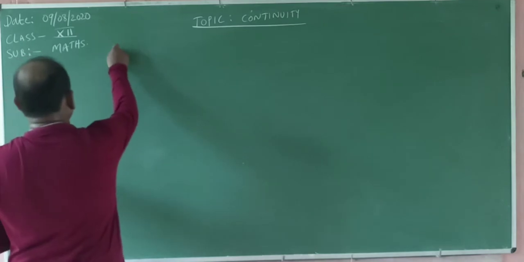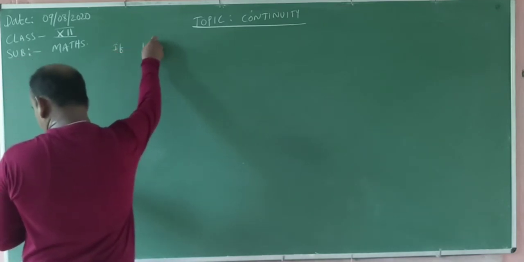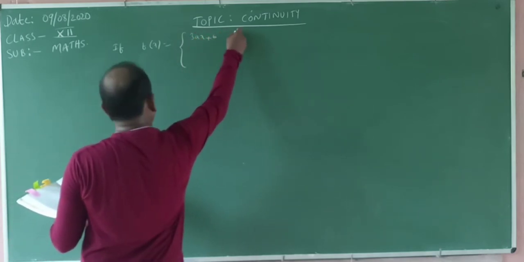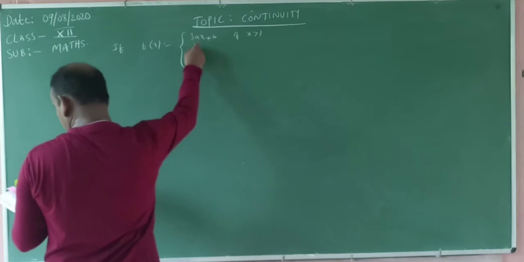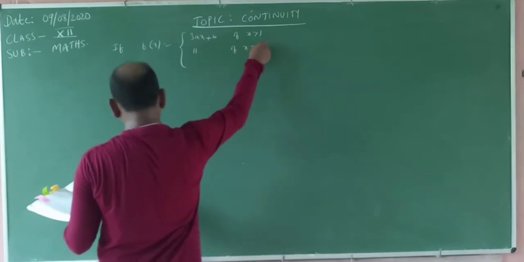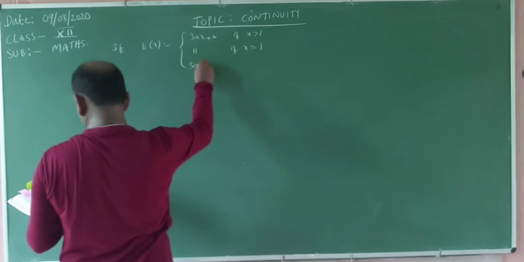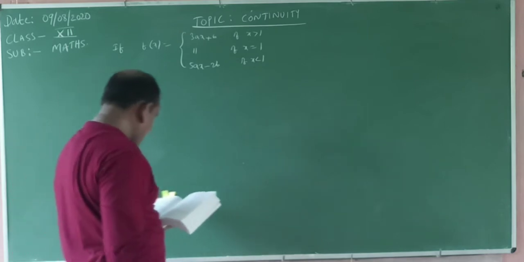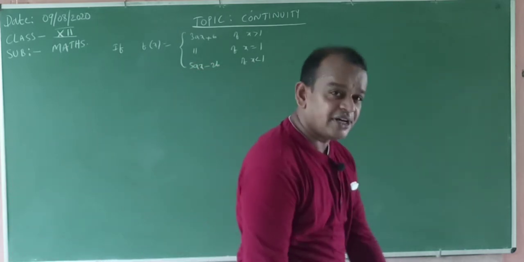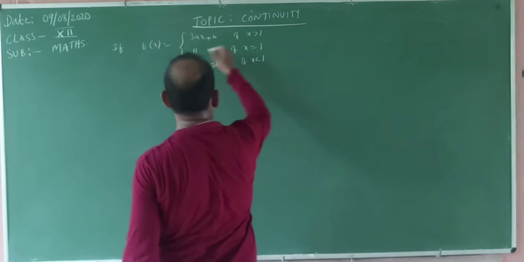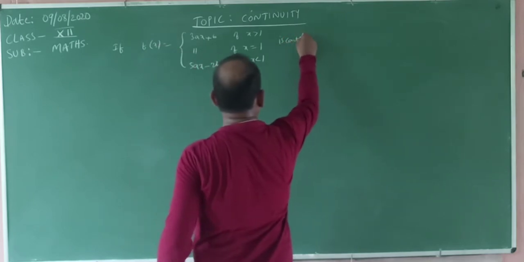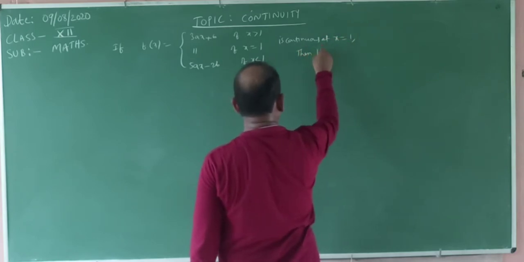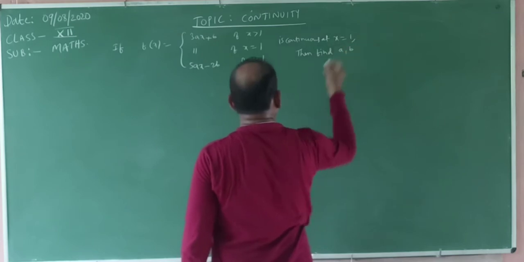If f of x is equal to 3ax plus b, if x greater than 1; 11, if x is equal to 1; 5ax minus 2b, if x less than 1, is continuous at x is equal to 1, then find a comma b.